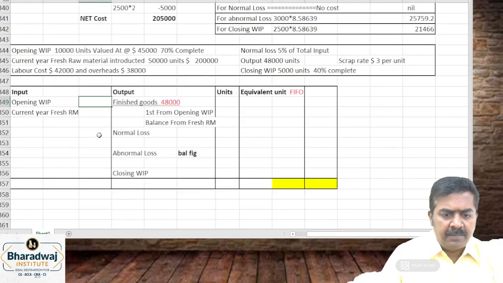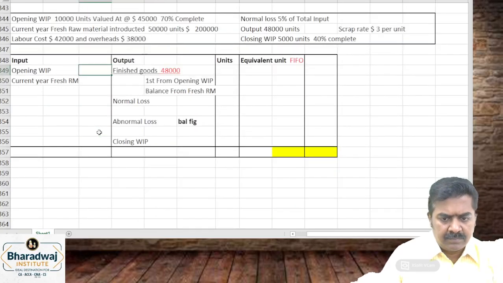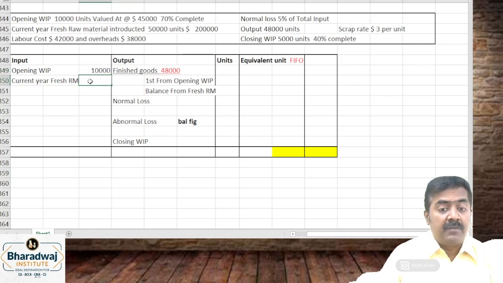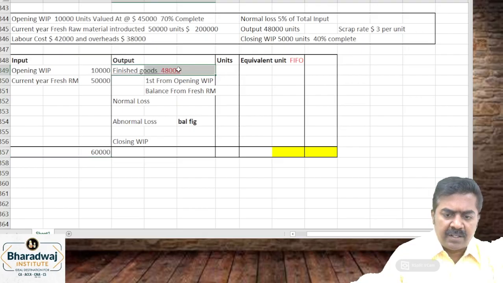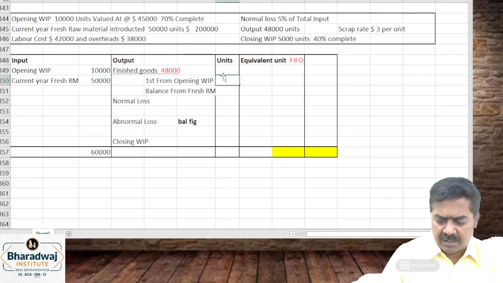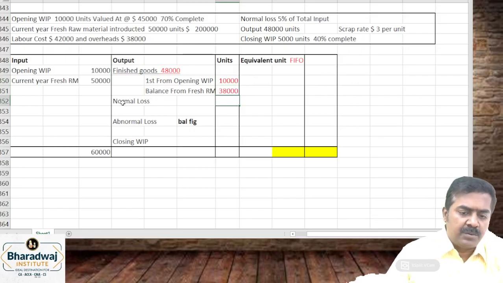Opening WIP, 10,000 units. Current year fresh raw material brought in, 50,000 units. Total 60,000 units. Finished goods transferred is 48,000. First from opening WIP, which means we finish this first and transfer 10,000 first. Balance 48,000 minus 10,000, balance 38,000 is out of fresh raw material introduced.